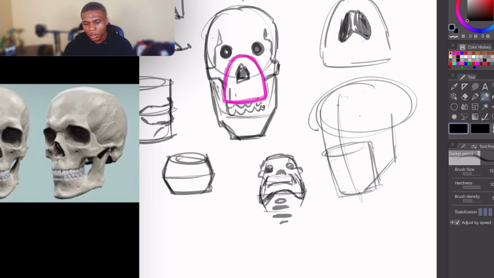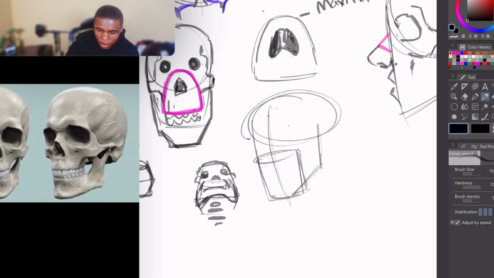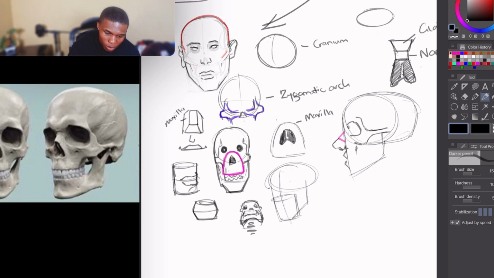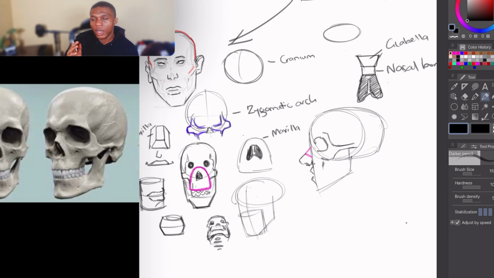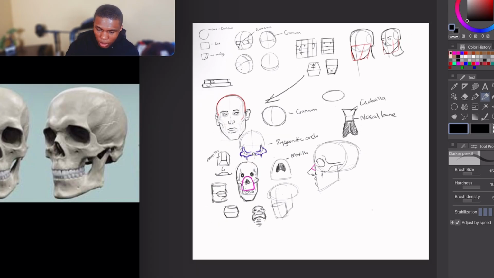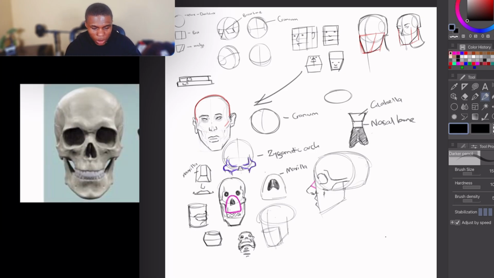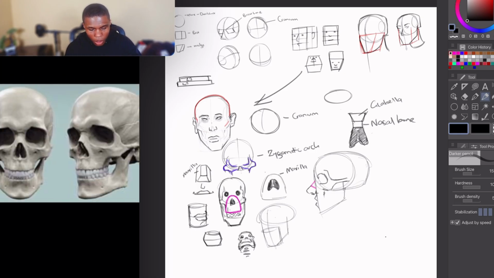So basic shapes are very important, and learning the skull is very important, because it just helps you break down, and you have an instinctive knowledge of where to place each feature of the face, because you kind of know what's going on in different areas of the face. So what I would say is practice the skulls, and do it a lot, and don't just do it from front, side, and three-quarter angle.